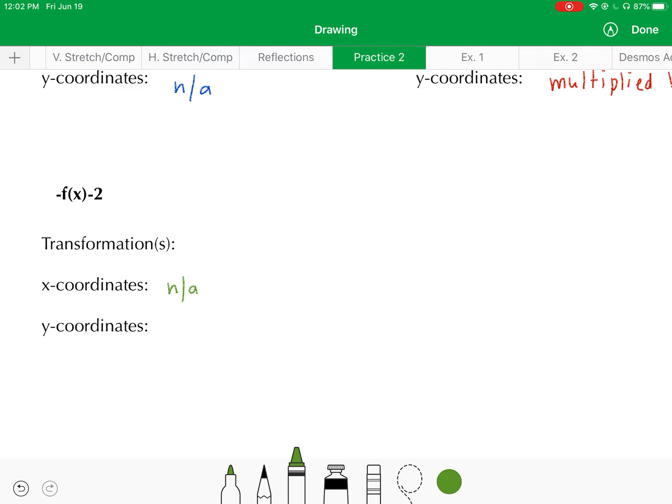The negative 2 is going to have a vertical translation effect. Okay, vertically translated down 2 units. And then the negative that's multiplying f of x is going to give you a reflection across the x-axis.